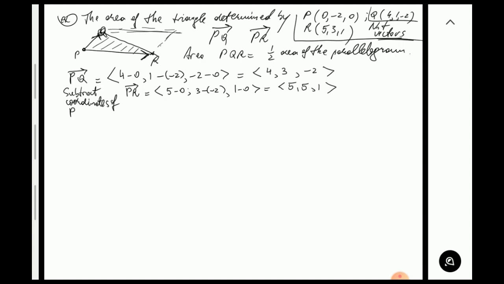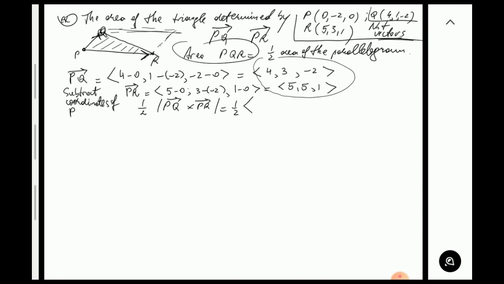So then, like I said, the area of the triangle becomes 1/2 the area of the parallelogram, which is the magnitude of PQ cross PR. So all I have to do now is compute the cross product. They are already one on top of the other. Take a moment and do the cross product yourself.